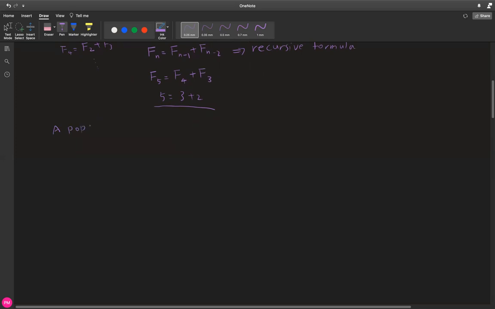A population sequence, so this is the keyword, describes the size of a population as it changes over time, and it's measured in discrete time intervals.